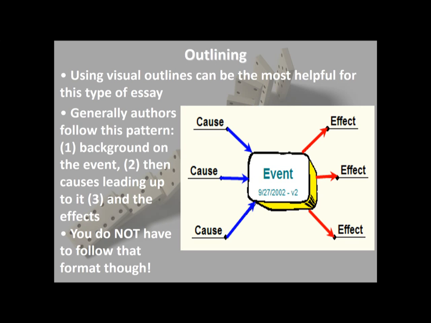This kind of visual outline is really going to be the thing that's probably the most helpful for this kind of essay. So your event, it doesn't necessarily mean that your event is something that actually took place, like 9/11. Your event can be smoking.